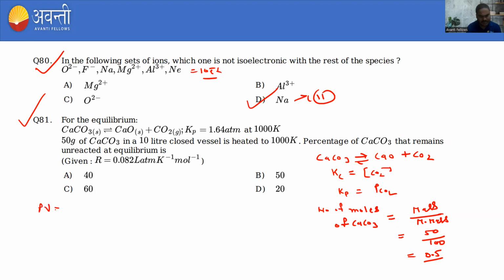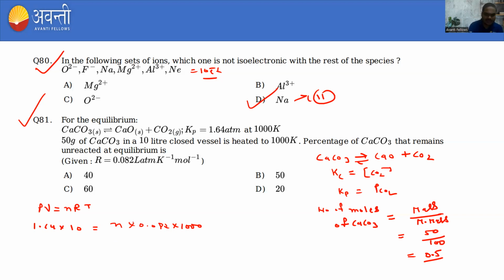We can say that PV is equal to nRT. So P we have 1.64 and volume is 10, already given. The pressure is 1.64 Kp and V is already given. And R we know is 0.082 and this T is 1000 Kelvin, already given. So from here also you can calculate the number of moles, right?